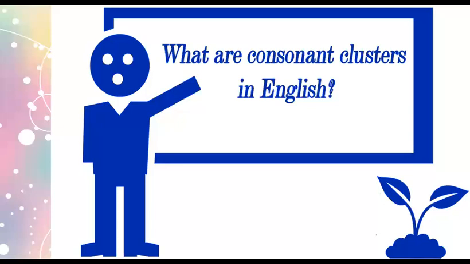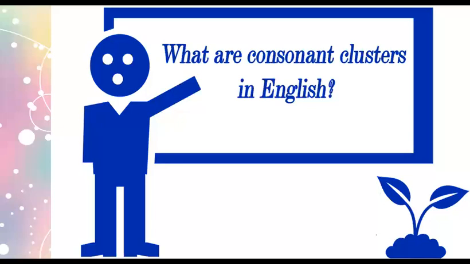Consonant clusters cause problems for learners whose first language does not allow so many consonants together without intervening vowel sounds. What do I mean to say? That in a single word, if there are two or three consonants consecutively without any vowel, then it is called consonant cluster.